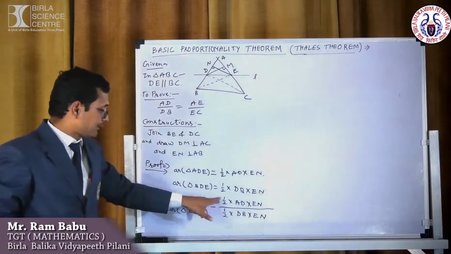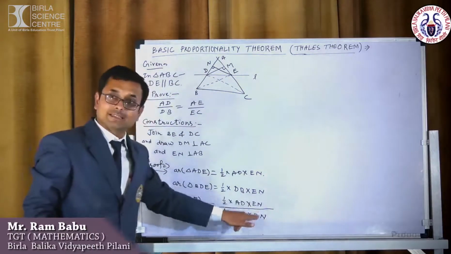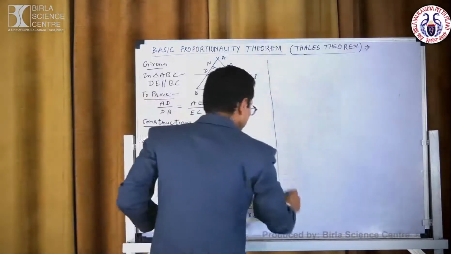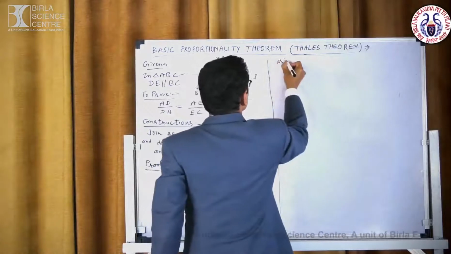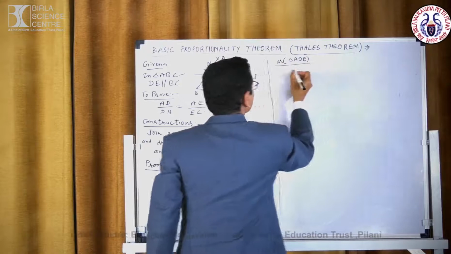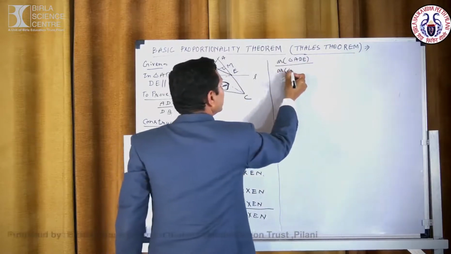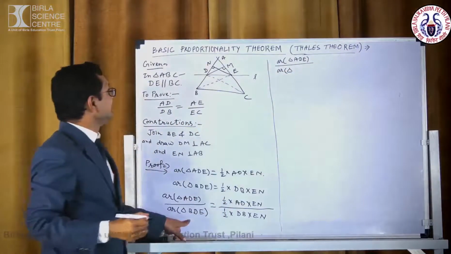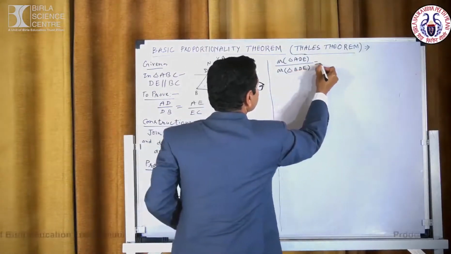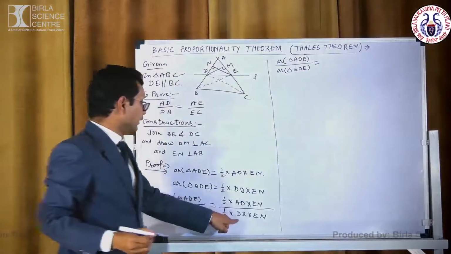Here half will be cancelled out and EN also will be cancelled out. We will get AD upon DB. Means area of triangle ADE divided by area of triangle BDE is equal to AD upon DB.